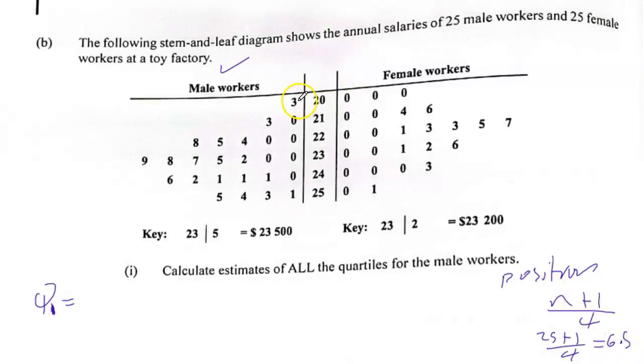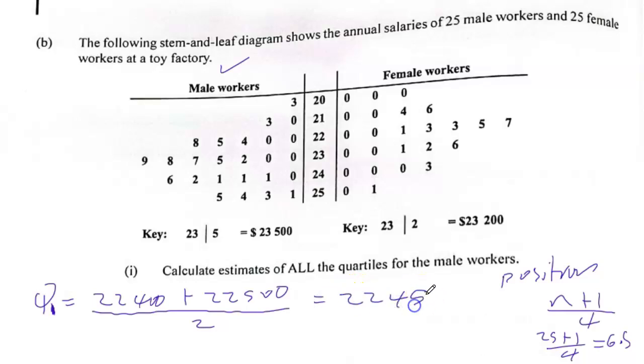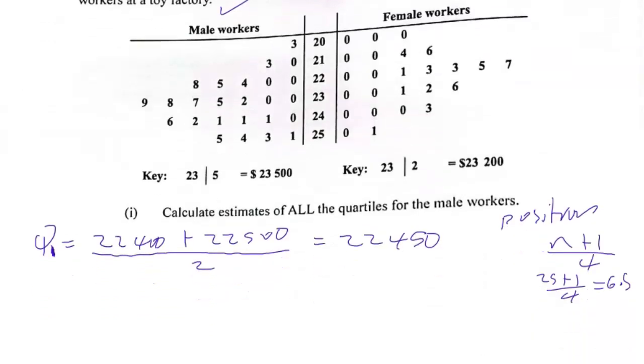So let's count, 1, 2, 3, 4, 5, 6. The 6th number is 22,400 based on the key we are given, and the 7th number is 22,500. So we average these, add them, divide by 2, and we end up with 22,450.